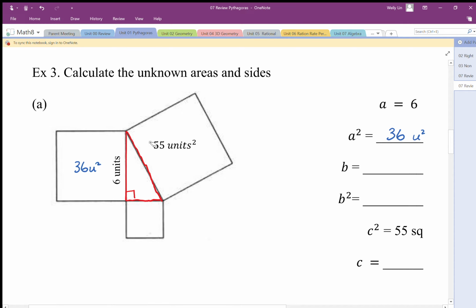Since I have two areas, I can find the third area because I know that these two smaller areas from the legs add up to the area from the hypotenuse. So if I want to find out the smaller square, I can subtract these two areas, and I'm going to end up with 19 squares in that. So b squared in this case is going to be 19 squares.